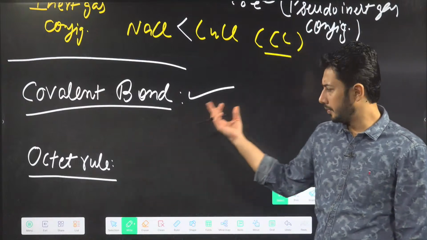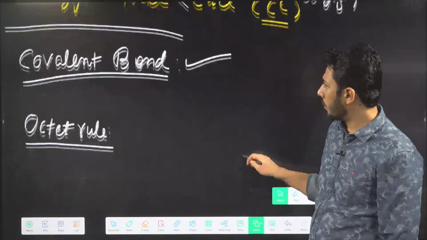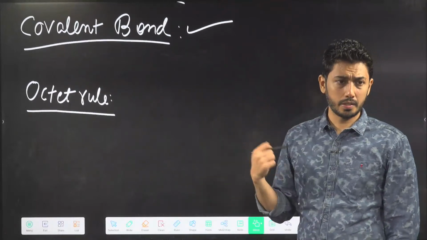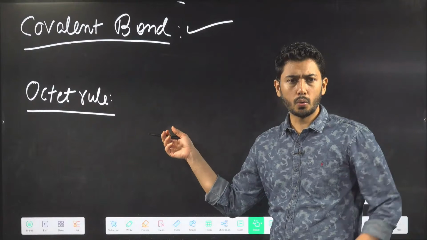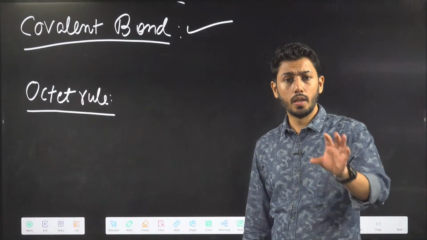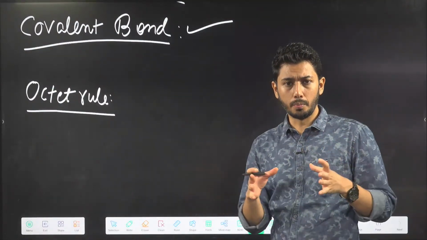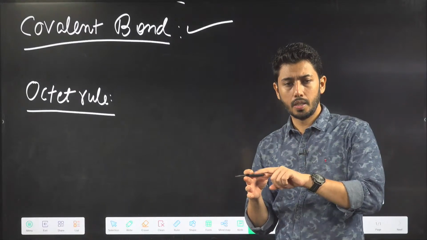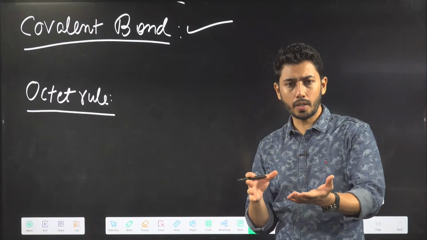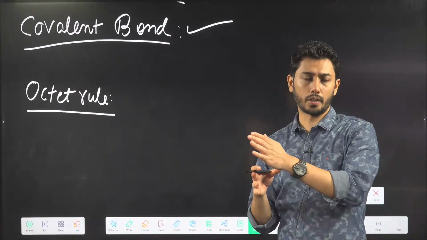Or you can copy it. I think it is better, as it is given there, nothing new. What is the meaning of the octet rule? When bonds are formed, every atom tries to achieve the octet either by sharing of electrons or by transfer of electrons.